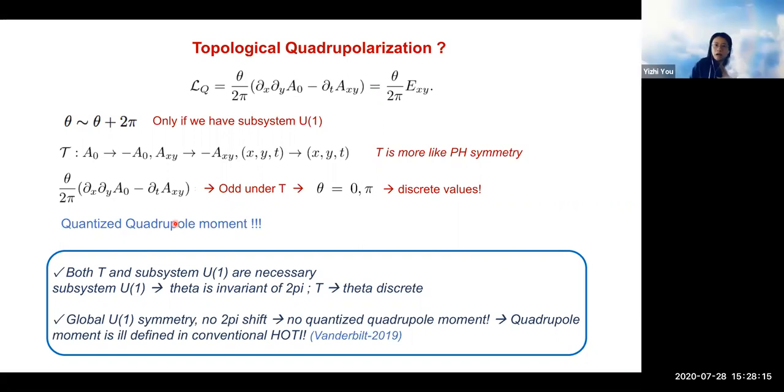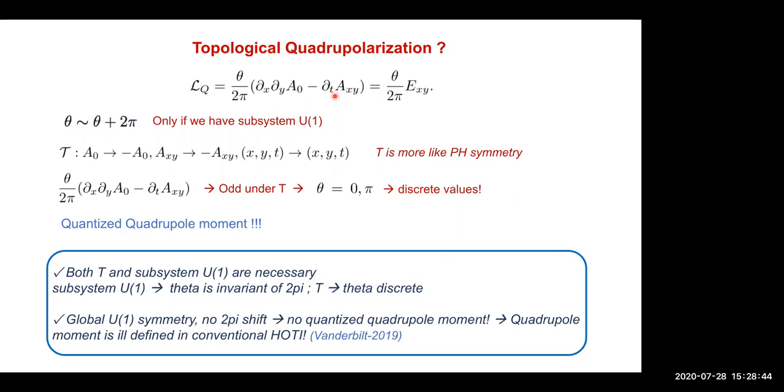You can define a higher rank gauge field, but what you can do is just replace this AXY in terms of partial X AY plus partial Y AX, probably divided by 2, because there will still be some term which is partial X EY plus partial Y EX, which would minimally couple with something like QXY. But this QXY does not have any ambiguity under any integer shift, and hence there's no level quantization of QXY. Okay, thank you.